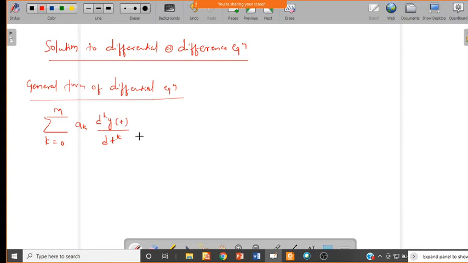Okay, on the left hand side is the output, and on the right is the input, summation k equal to 0 to n, b k into d power k into x of t divided by dt power k. So this is the general form.